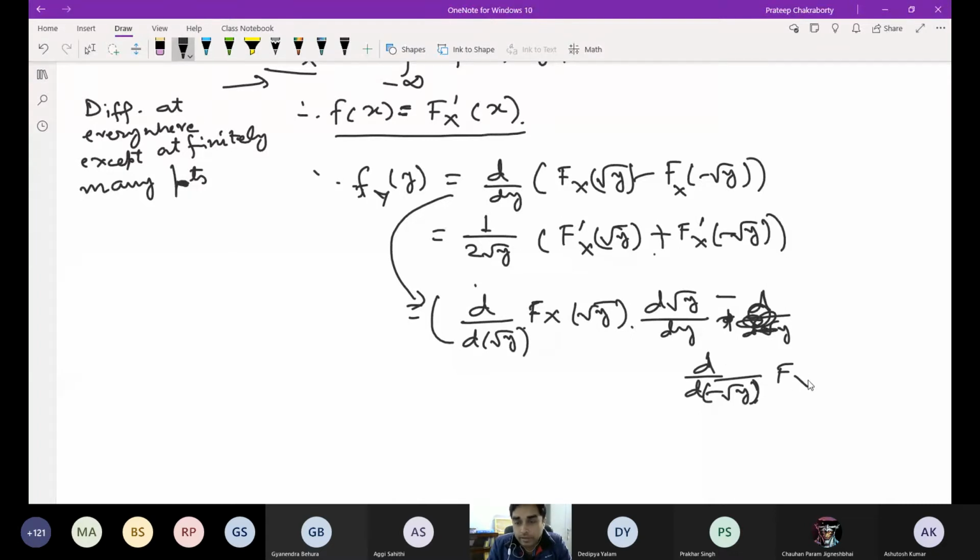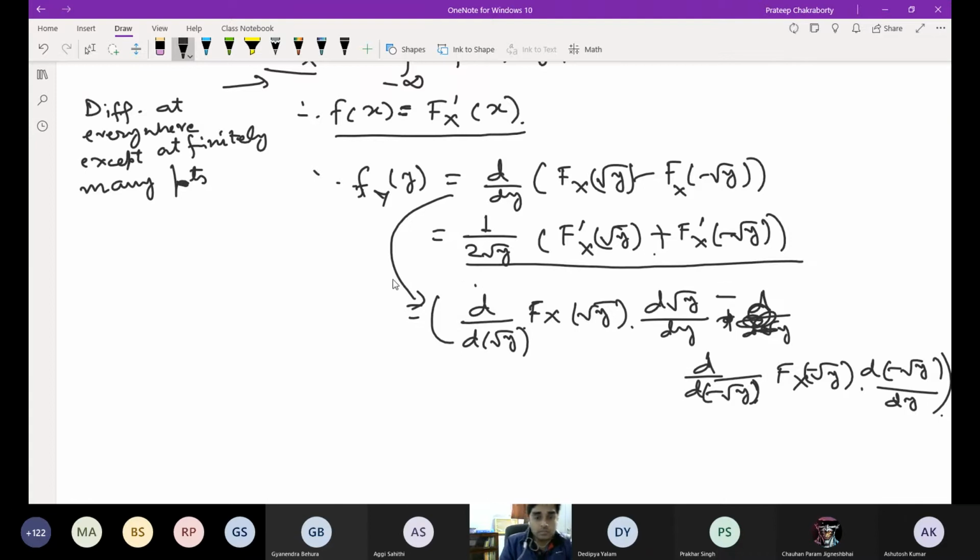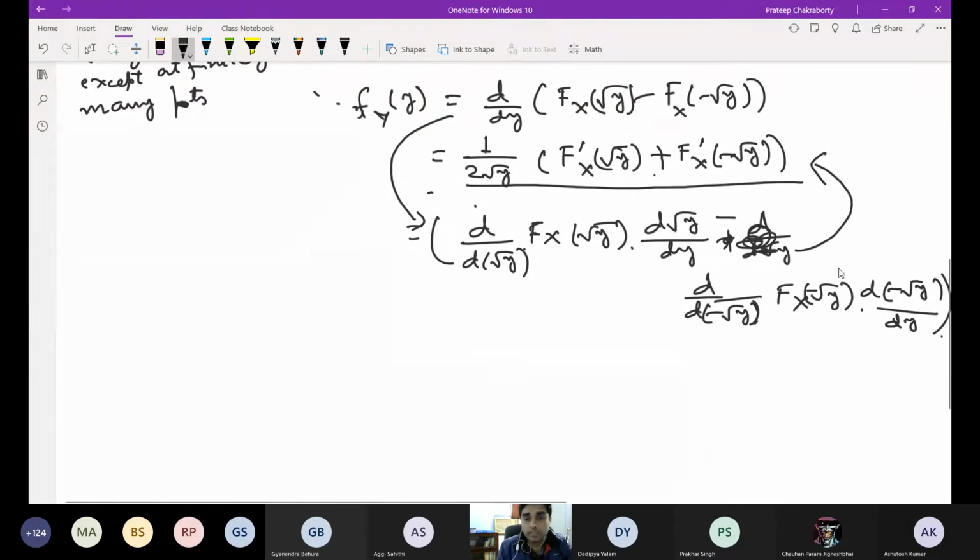So this is f_X(−√y) into d(−√y)/dy, and if you do this, you will get this. Just a change of variable. So ultimately we will get 1 by 2√y times f_X(√y) plus f_X(−√y).